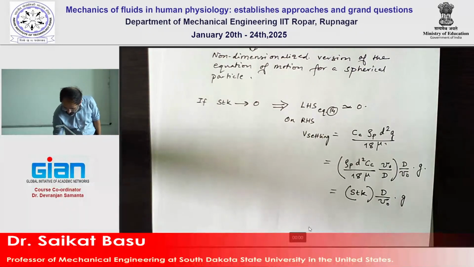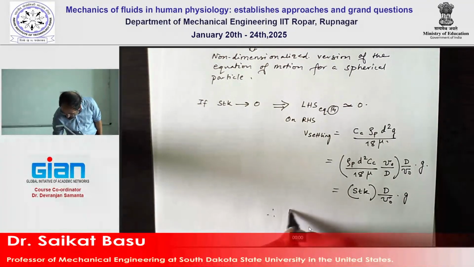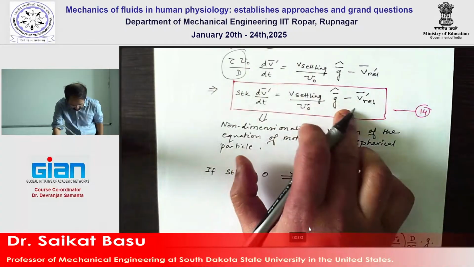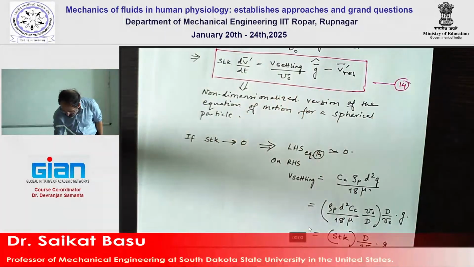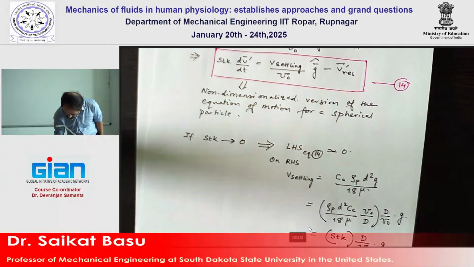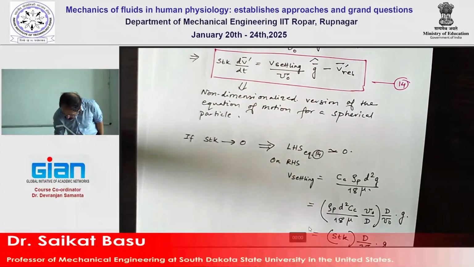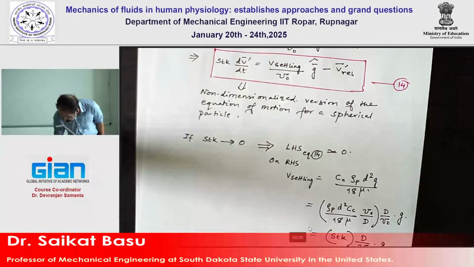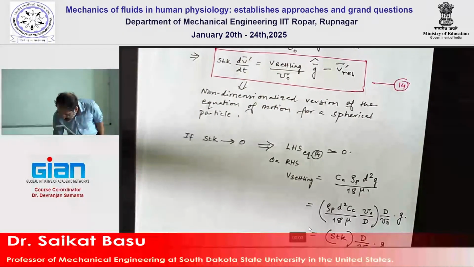So therefore, the right hand side in equation 14, this is 0. You just are left with the v relative. So term 1 on right hand side of equation 14 is approaching 0.